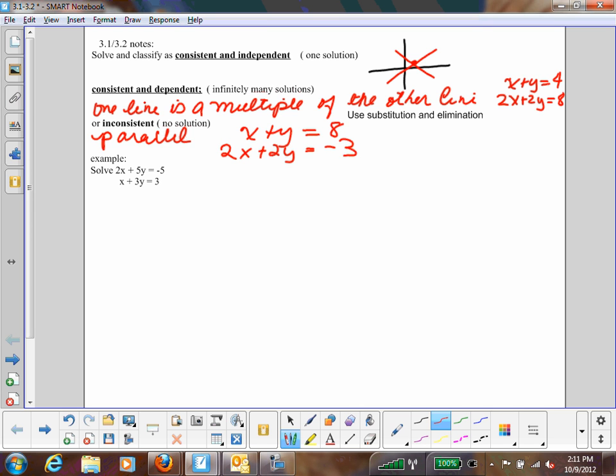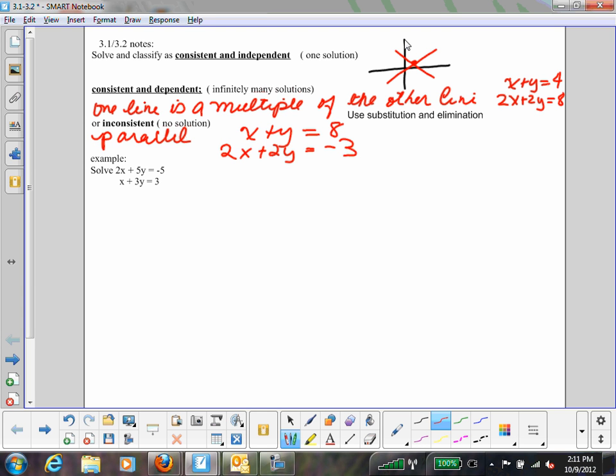That would be an example of two lines that are going to be parallel to each other. They look to be identical. They look to be a multiple of each other, but the difference is what they're set equal to. They're set equal to two different values, which means their y-intercepts will be different, won't they? Do you understand that? Okay.